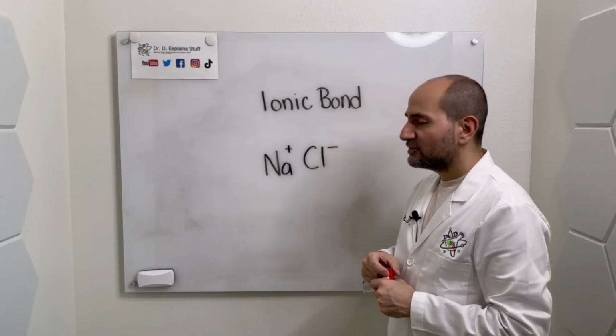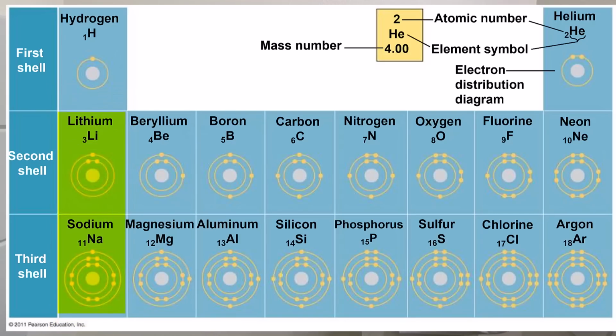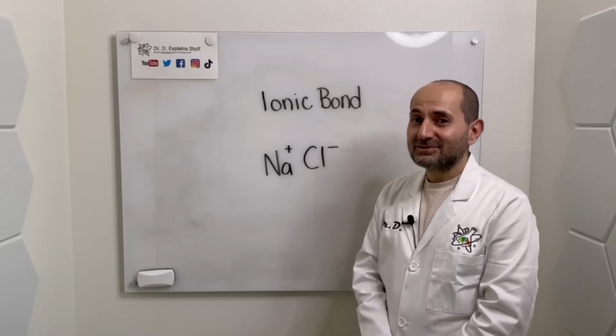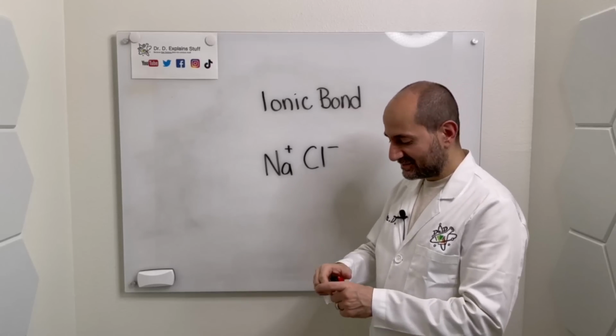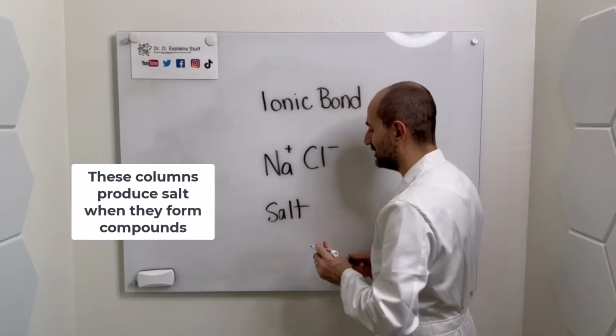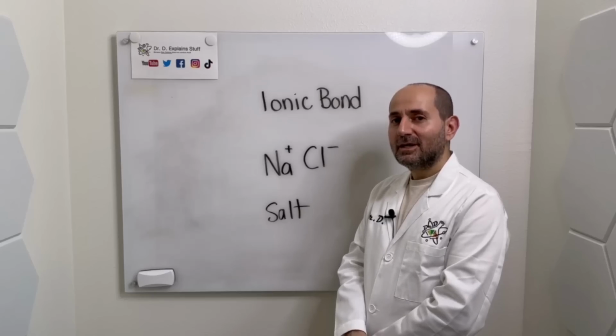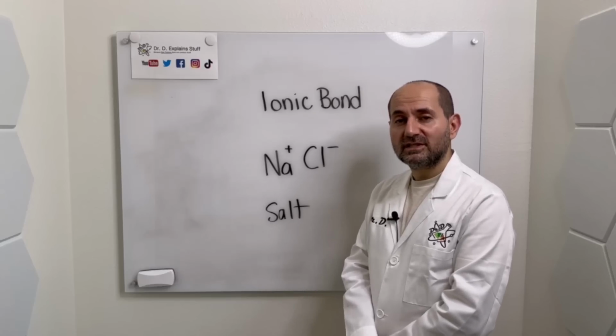Here are some more interesting facts about ionic bonds. Ionic bonds form anytime column 1 on the periodic table of elements encounters the second last column. This kind of ionic bond will form, and those form compounds like salt. NaCl is known as salt, table salt. Anytime column 1 meets the second last column, a salt is formed, and there's more than one salt.